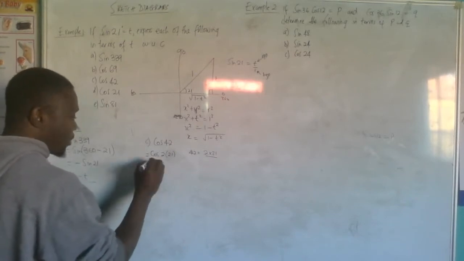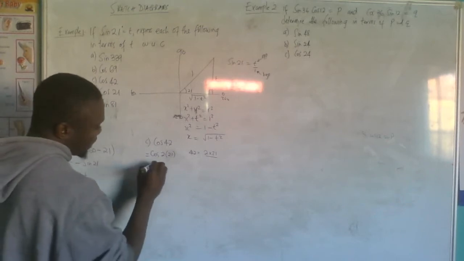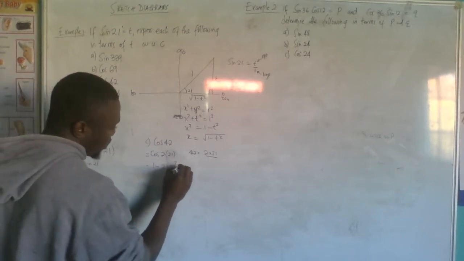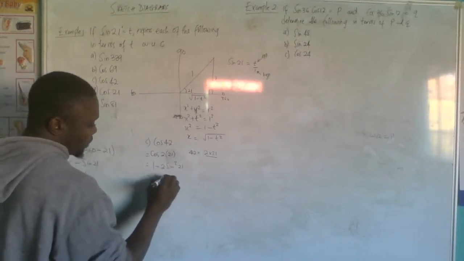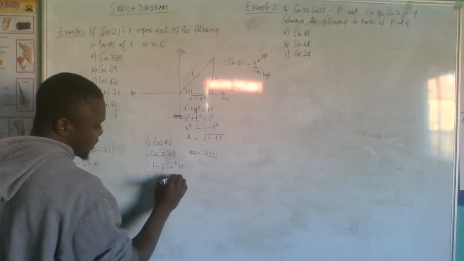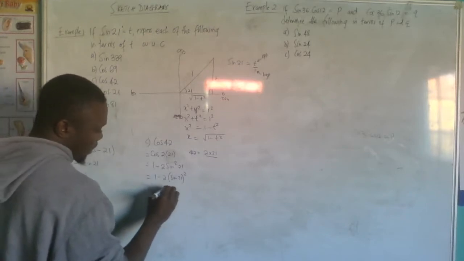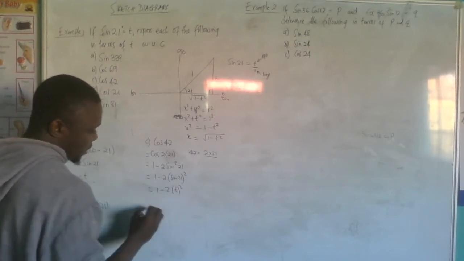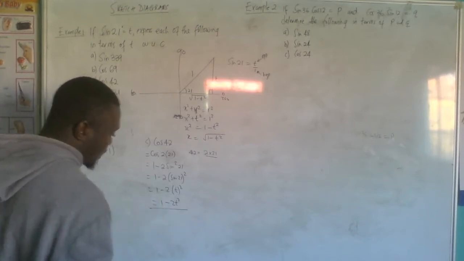So if I use the sine identity, it will be 1 minus 2 sine squared 21. This is the same as saying sine 21 squared, which is 1 minus 2 into what? t squared, which is 1 minus 2t squared. And that is our answer.